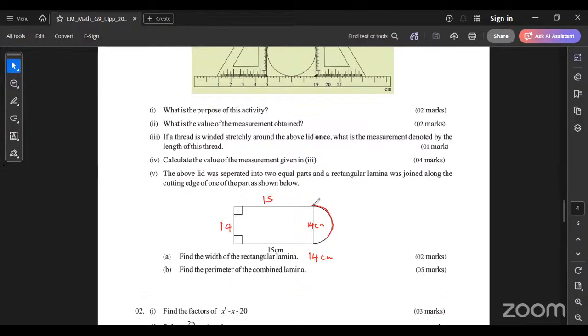Can you remember the πD? 22 over 7 into 14. Tell me the value. 44. That's the whole circle. For the part of the circle, 44 divided by 2. This is not a full circle, right? This is only half. Then 22.